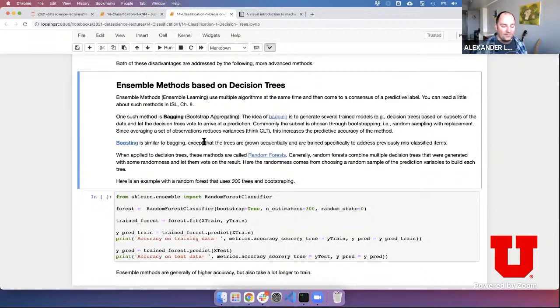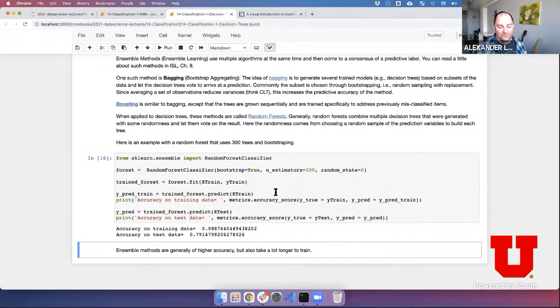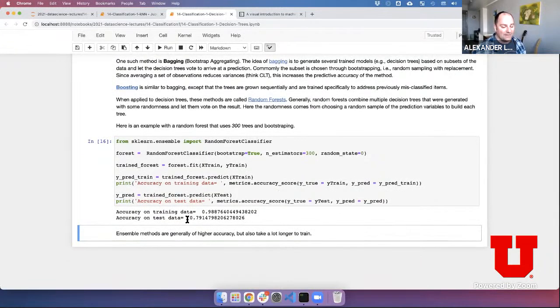If we do this on our data set here, with a random forest, we get an accuracy that is not much higher, but we're actually not limiting our decision trees in any way. We're not limiting depth or split size, and we get to an immediate accuracy of about 80%.